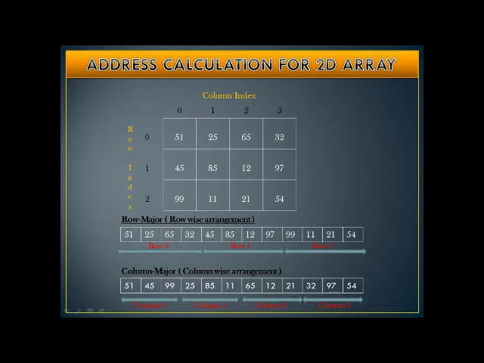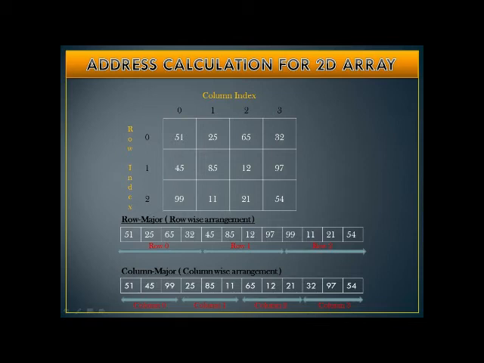So how many cells are there before 12 in row wise format? That is 1, 2, 3, 4, 5, 6 cells before 12. So 6 into 2 is 12 plus 100 is 112.